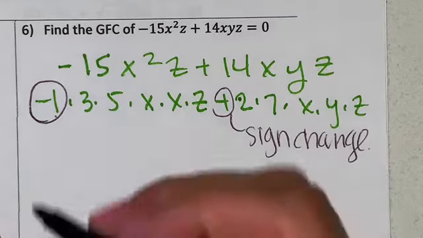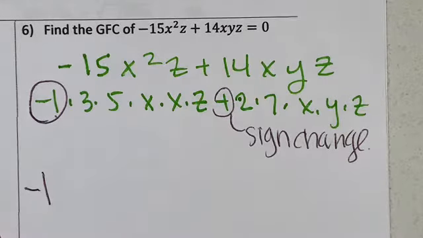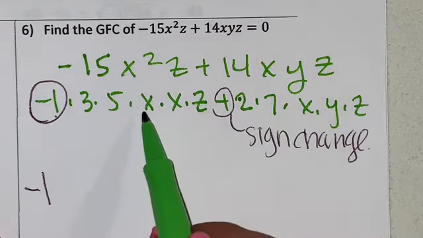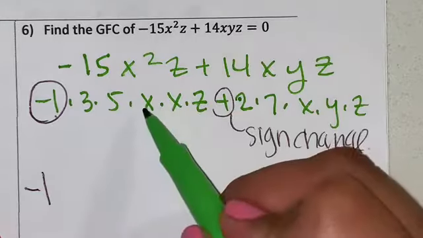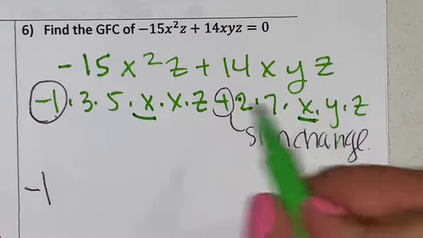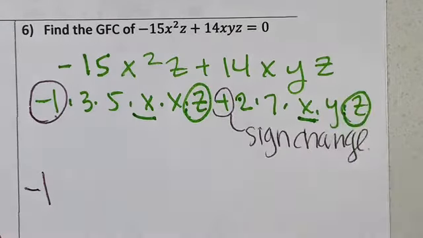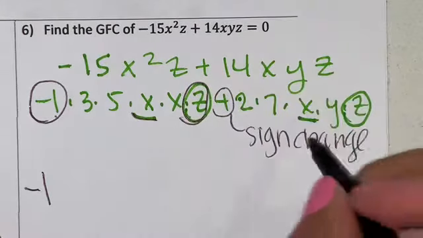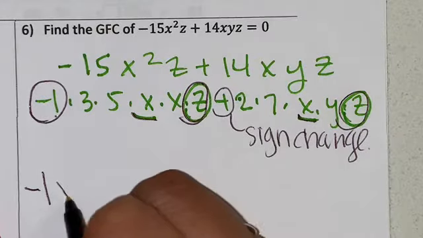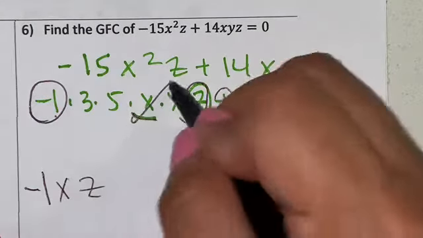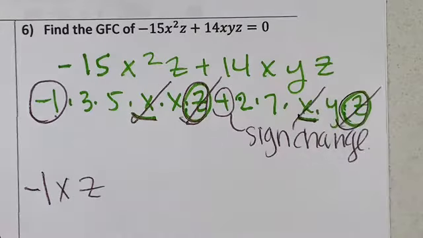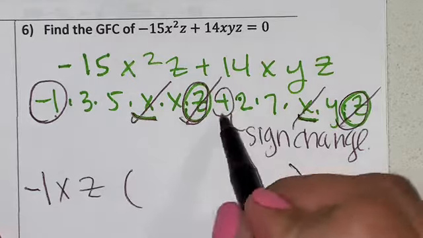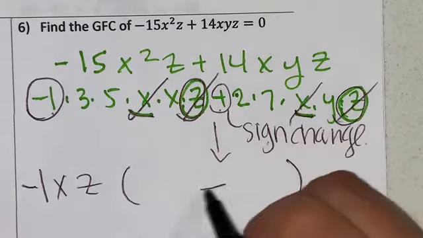Let's factor that out. I have a negative 1 for sure. None of the numbers factor out, but I do have variables. I have an x, a z, an x, and a z. So those go away. And then since I factored out a negative 1, it's going to change my sign. That was positive, so it becomes negative.